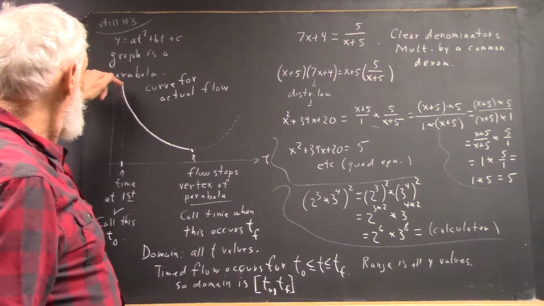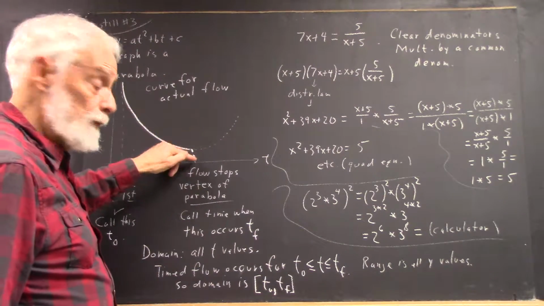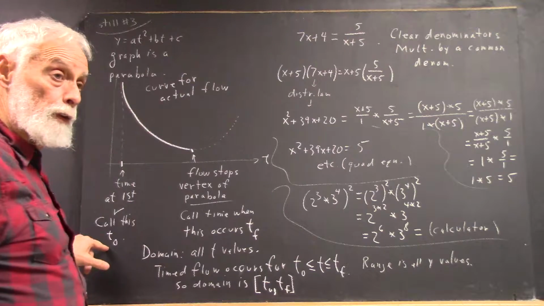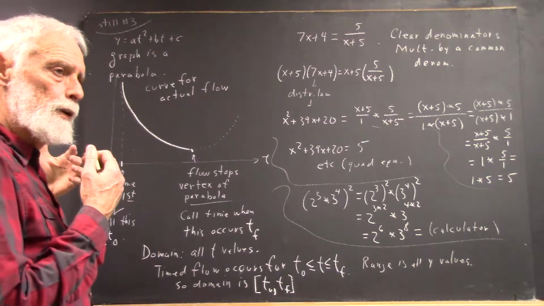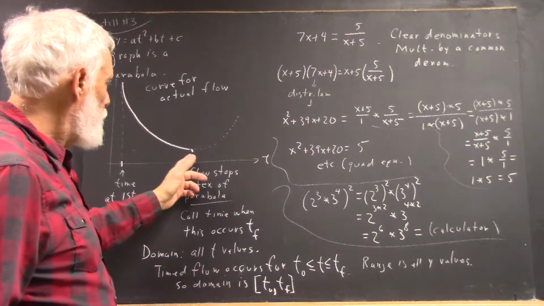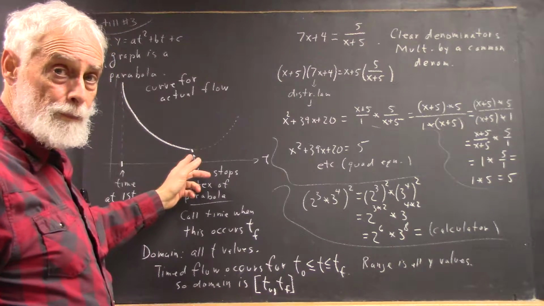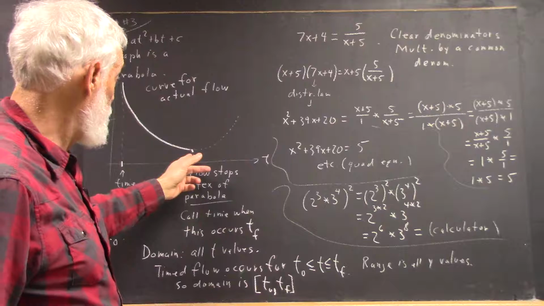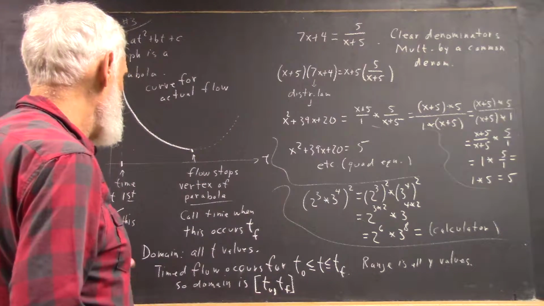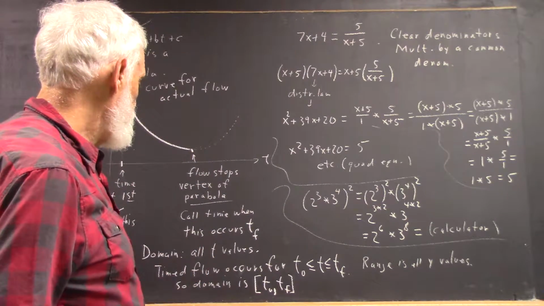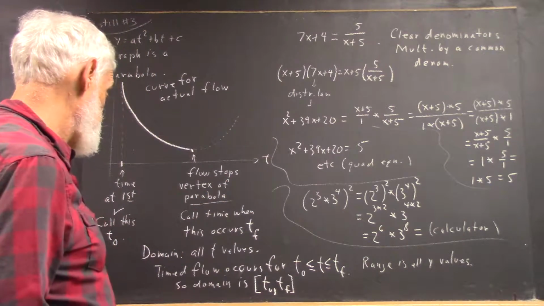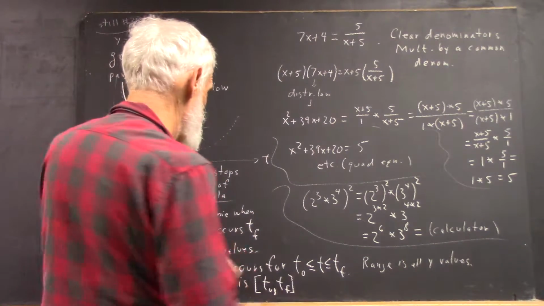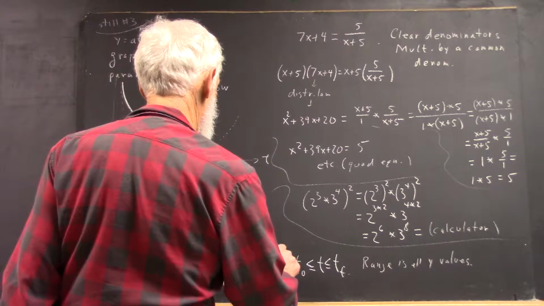So the domain for the flow would only be from whatever your T naught is, the time when you made your first mark, up to the point where the flow stops, which is presumably at the vertex of the parabola. So the domain would be all T values relevant to the, I should qualify this, for the flow.